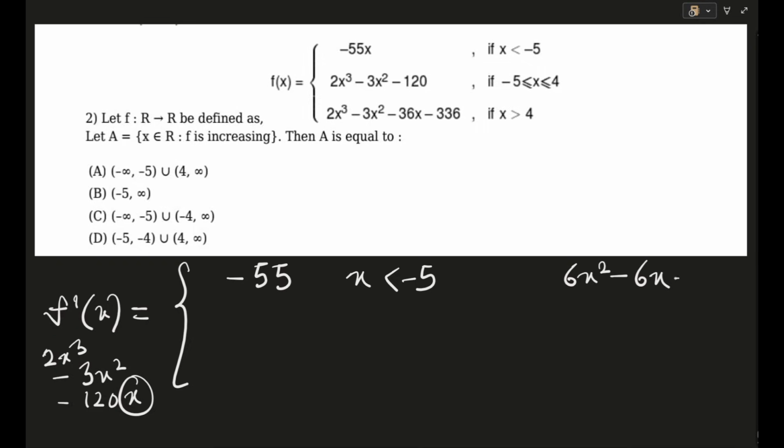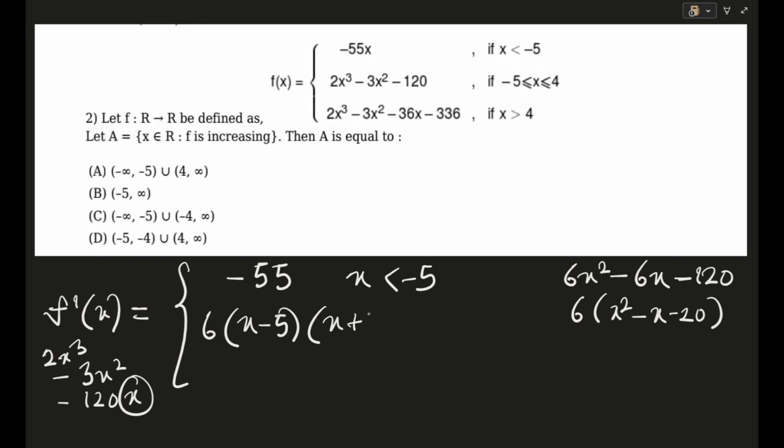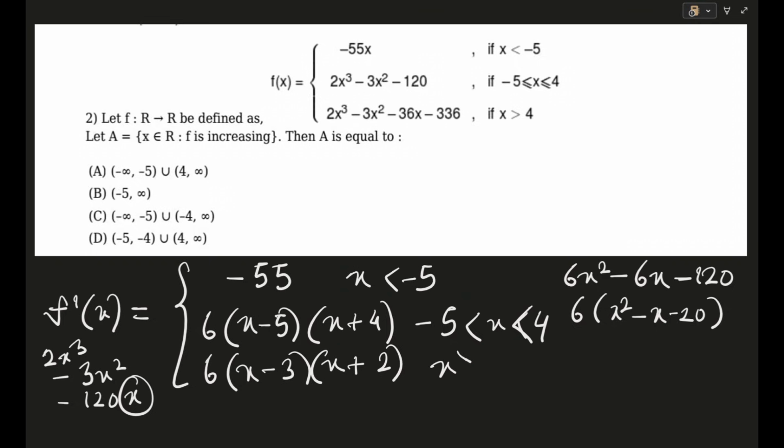So 6x square minus 6x minus 120, which is 6 into x square minus x minus 20. If you factor that, this will come out to be 6 into x minus 5 into x plus 4 when minus 5 is less than x less than 4. Okay, and next is 6 into x minus 3 into x plus 2 when x is greater than 4.